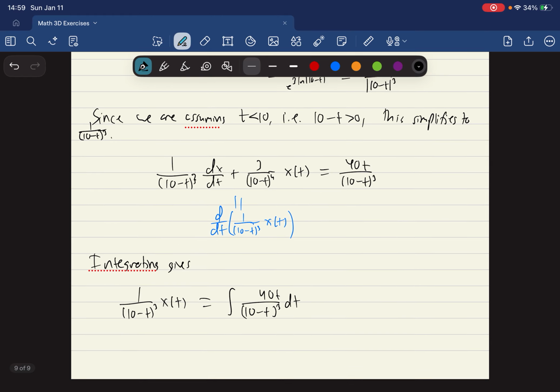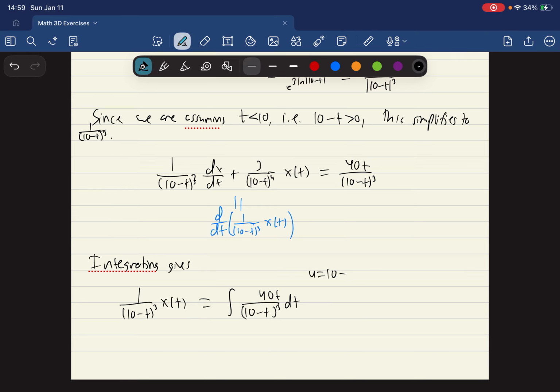I think the easiest way is to just let u equal 10 minus t, which gives negative 40. And if you change all your variables, 10 minus u all over u cubed du. And this in turn is negative 40 times the integral of 10 u cubed minus 1 over u squared du.